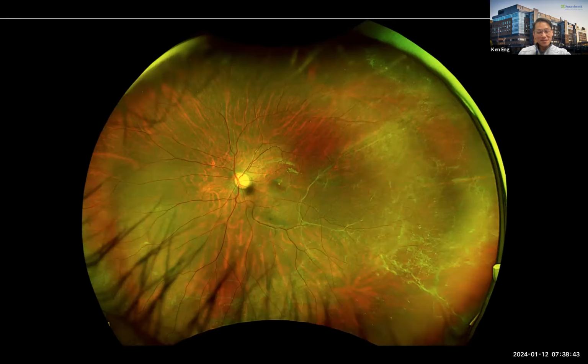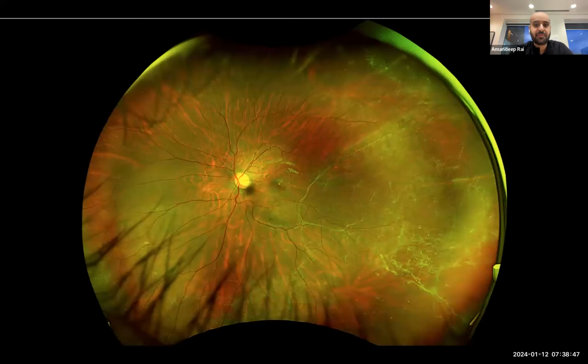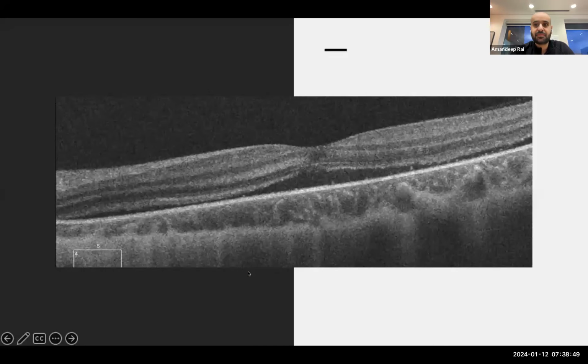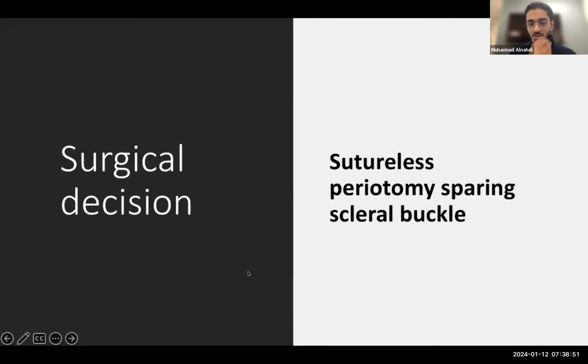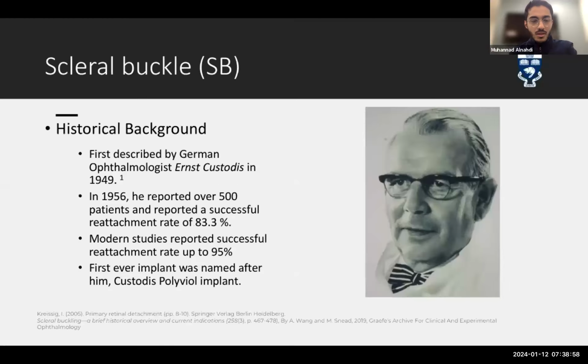All right, Mohamed, the floor is yours again. So the surgical decision was made to pursue a sutureless peritomy-sparing scleral buckle. Before talking about the procedure, I'll go into a little historic background on scleral buckle, which was first described in the 1940s by the German ophthalmologist Ernst Custodis.